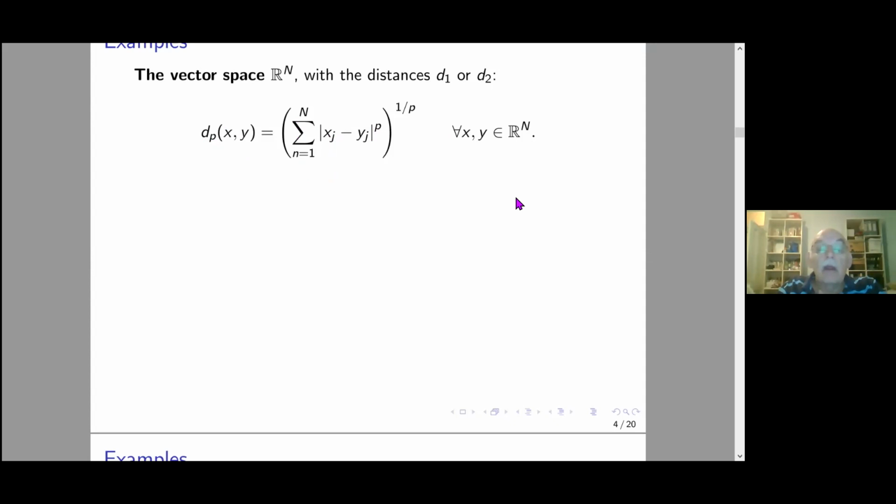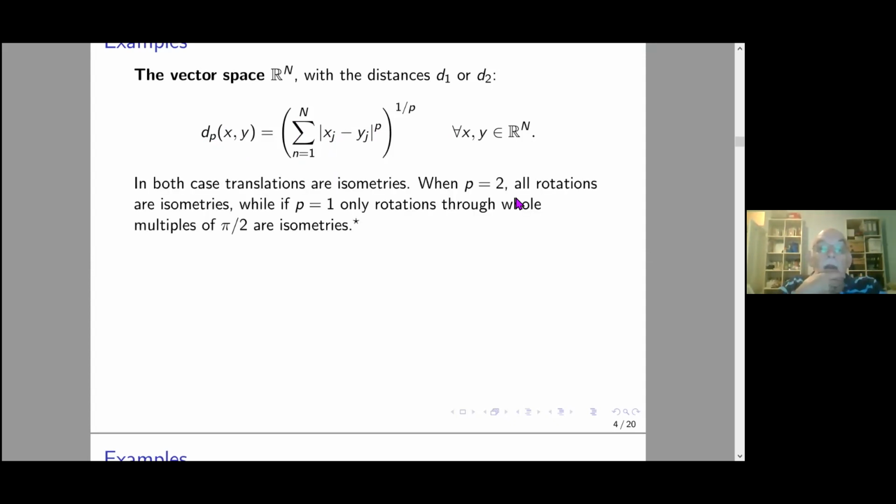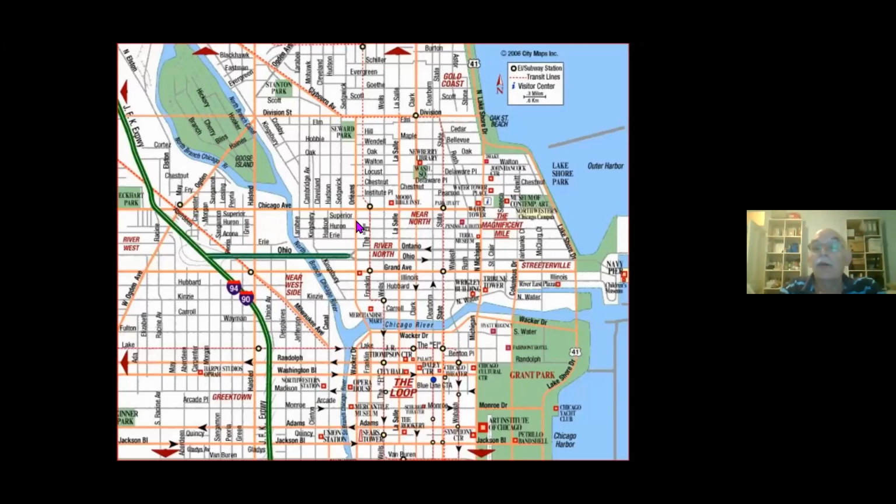So this is a kind of distance, and if I take either p equals 1 or p equals 2, then translations are always isometries of this space. They don't change the distances between points. And when p is equal to 2, this is the usual Euclidean distance, and rotations are also isometries. But if p is equal to 1, then only rotations through 90 degrees, 180 degrees, and so on.